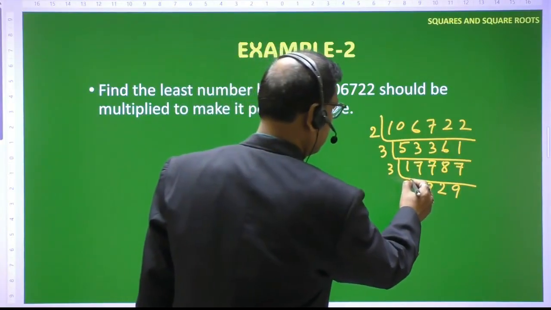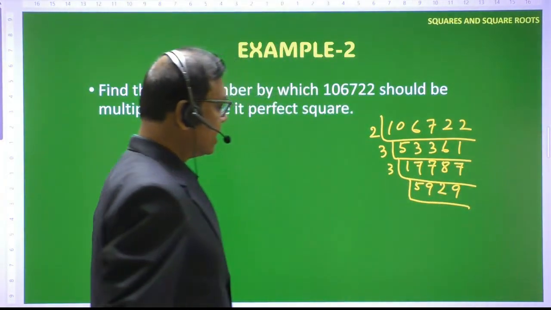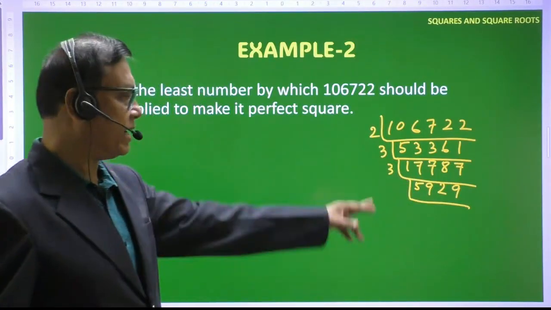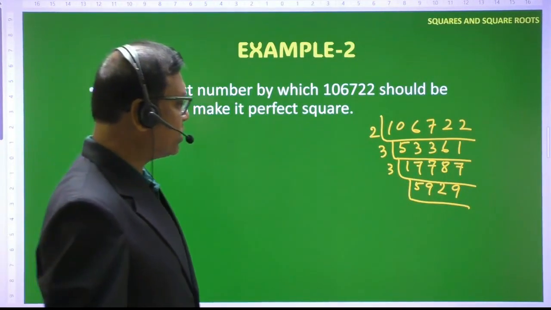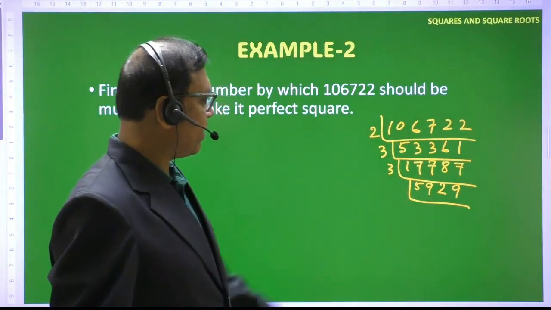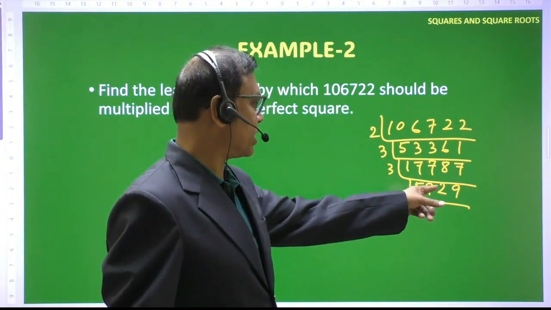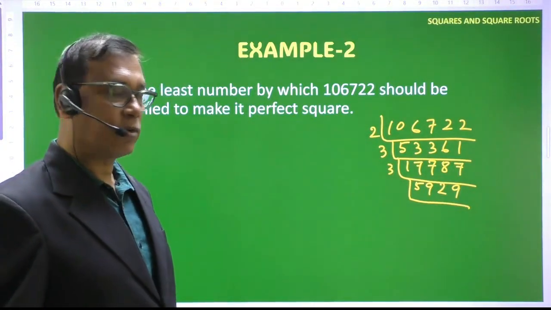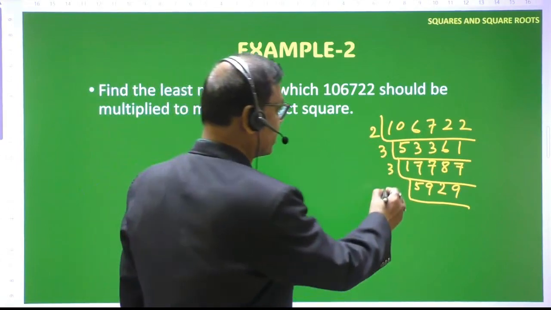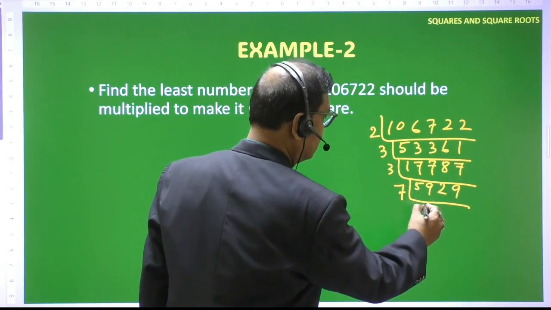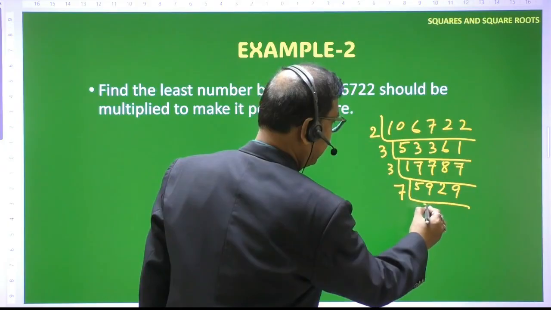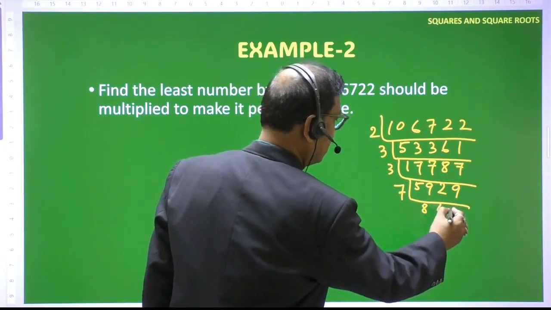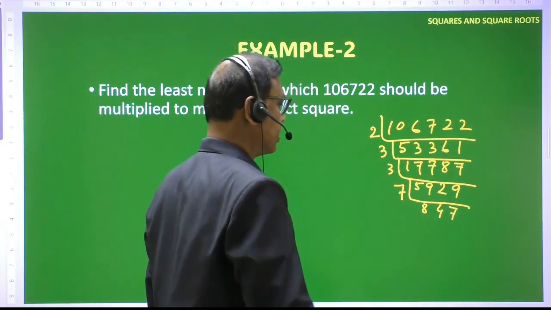So now check the next prime number. 5 is not, because 9 is in the unit place. So now check by 7. 7 8 the 56, 3, 32, 7 4 28, 4, 49, 7. Yes, this is divisible by 7. So 7, 8 the 56, 7 4 28 and 7 7 the 49.